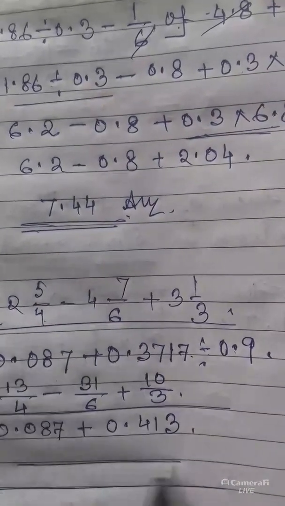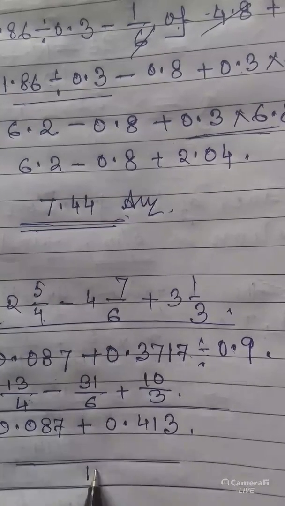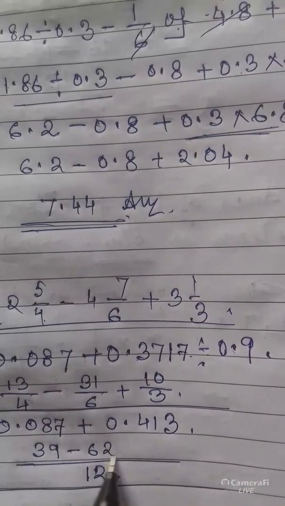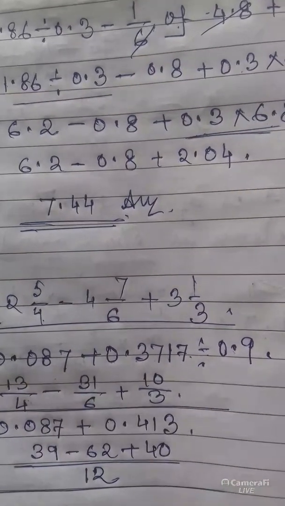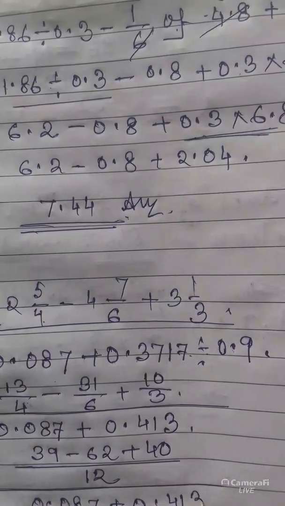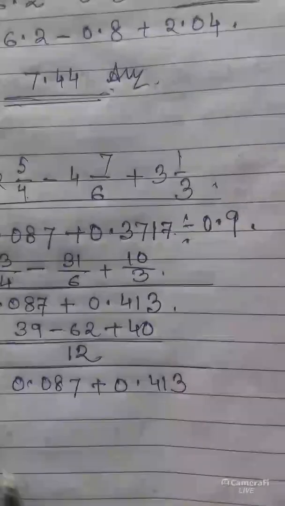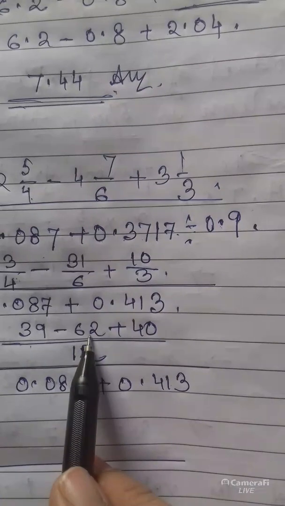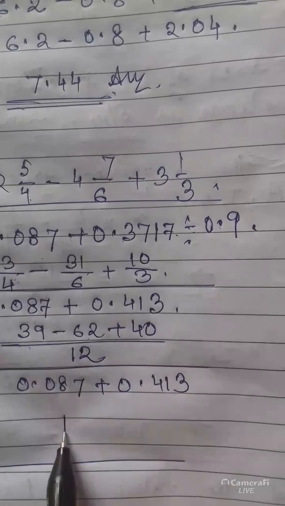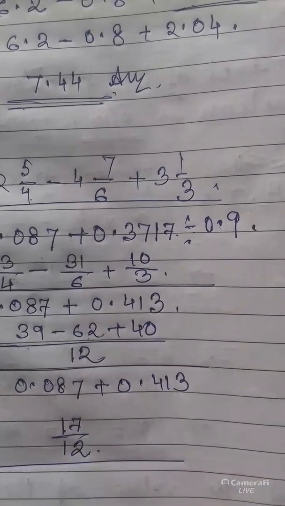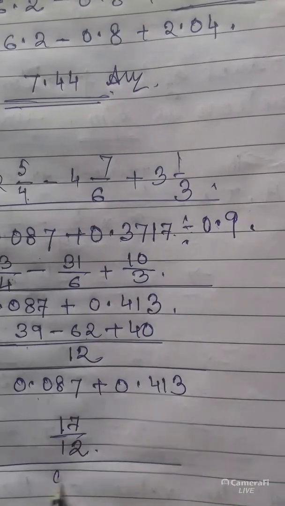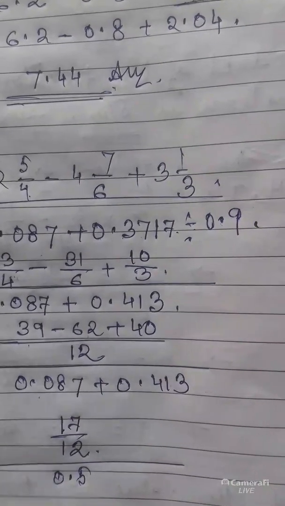After that, LCM of denominators 4, 6, 3 is 12. 4 3 ja 12, 3 13 ja 39 minus 62 plus 40, and 0.087 plus 0.413. 39 plus 40 is 79. 79 minus 62 means 17. 17 by 12, and 0.087 plus 0.413 means 0.5.